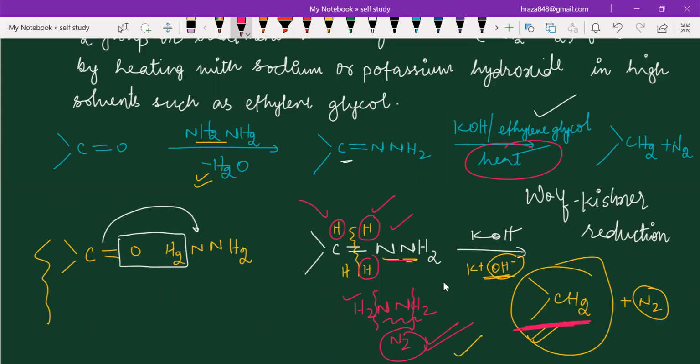And now 4 hydrogens are there in the solution that will either make water, like OH minus and H plus combined to form water. So that will be in solution. Okay. So the product formed here is hydrocarbon and N2 will be evolved. And this hydrogen combined with OH to form water in the solution.